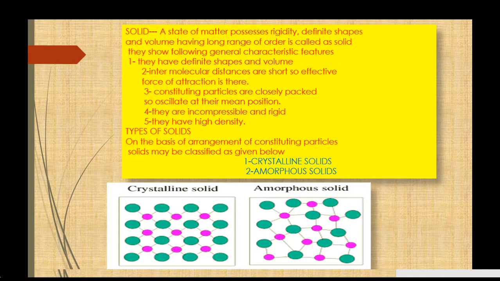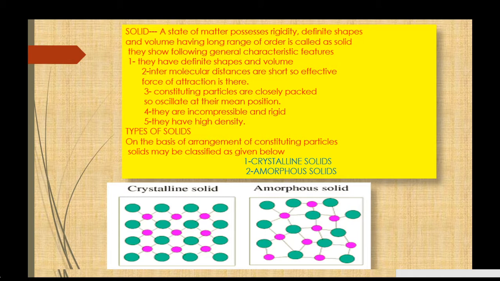So among solids, it is clear that there are two types of solids. One is the true solid and the second one is the pseudo solid. On the basis of different characteristic features, or on the basis of the arrangement of the constituting particles of the solids, we categorize solids into 2 categories.